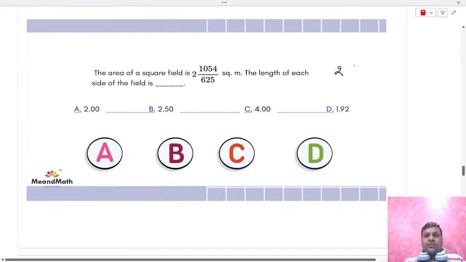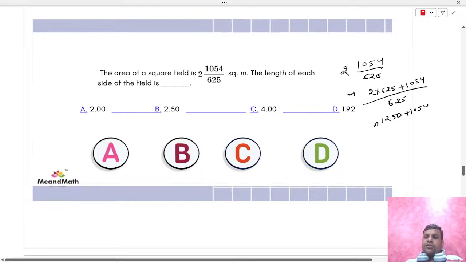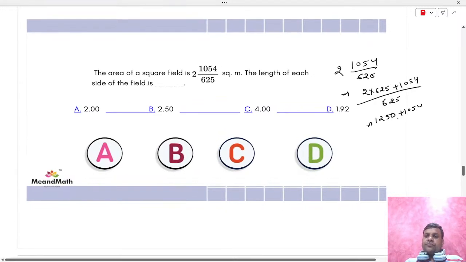So 2 integer 1054 upon 625 is equal to 2 into 625 plus 1054 upon 625. That is 1250 plus 1054 upon 625.